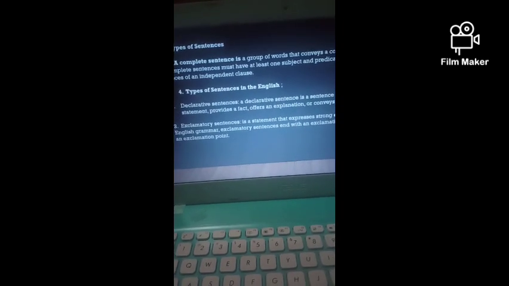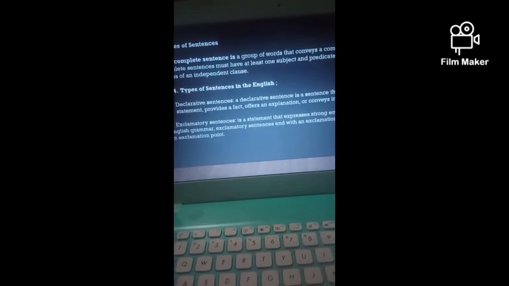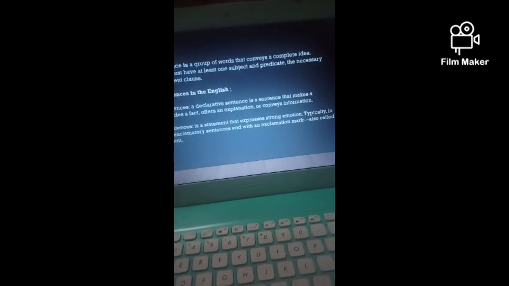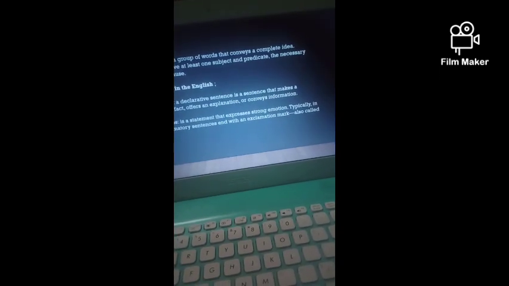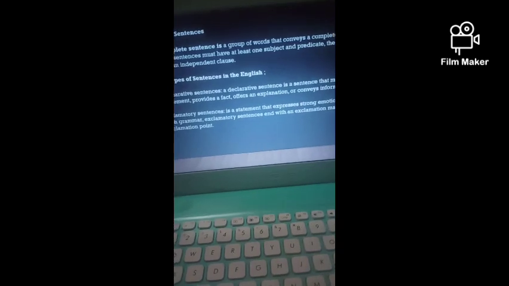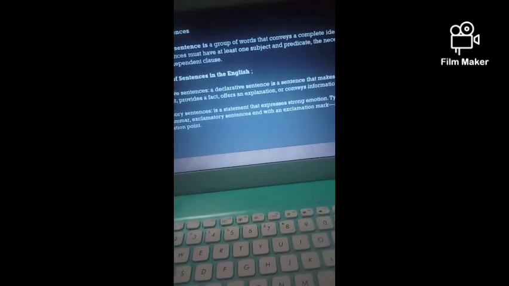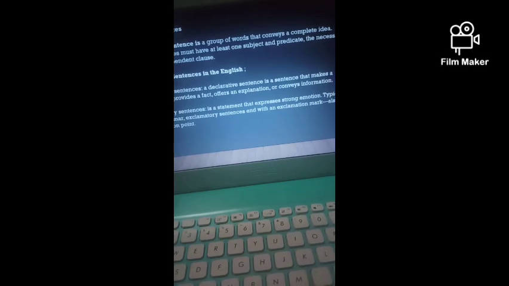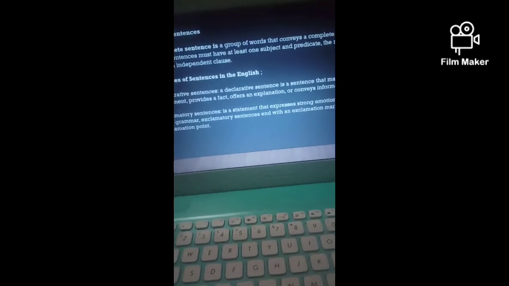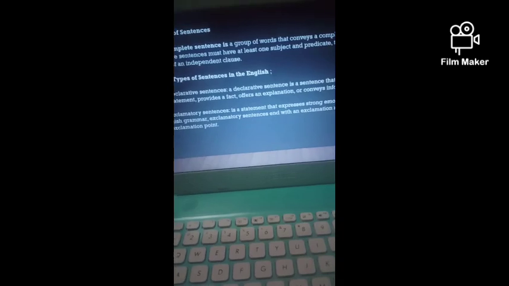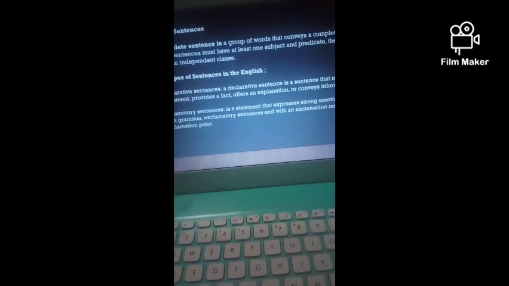The next is the exclamatory sentence, a statement that expresses strong emotion. Typically, in English grammar, an exclamatory sentence ends with an exclamation mark, also called an exclamation point.